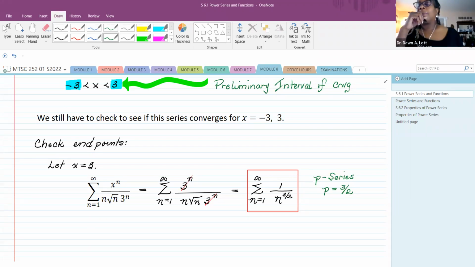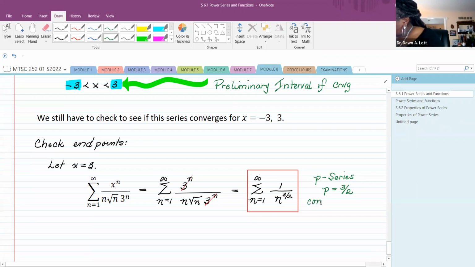Okay. The p-series and rho are the exact opposite of each other. The p-series converges for p greater than 1, so this converges.